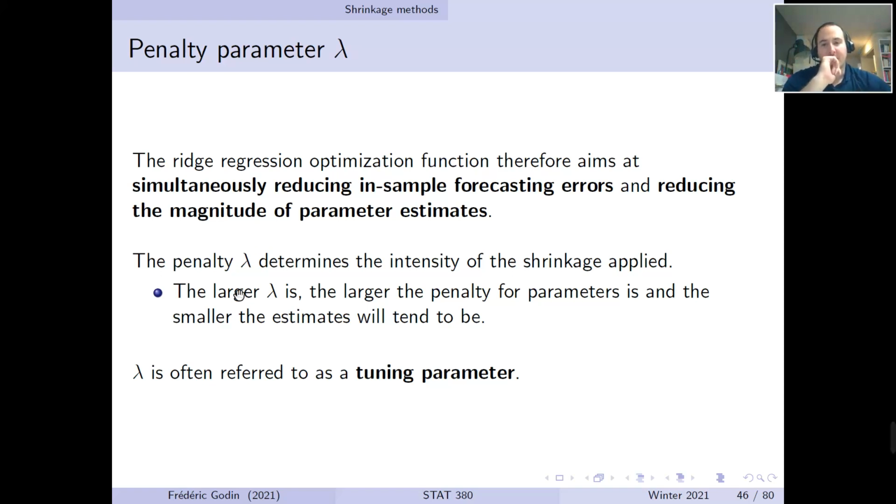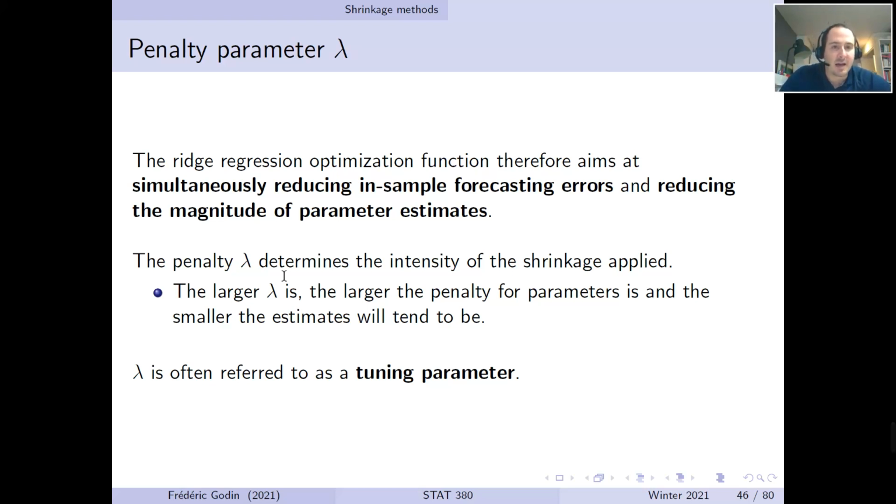Now, one thing we have to notice is that we haven't said what the value of lambda should be. What's the effect of lambda? Lambda determines the intensity of the shrinkage that is applied. If lambda is 0, you have exactly an OLS regression, and if lambda is very small, you have almost an OLS regression because the second term will be negligible.